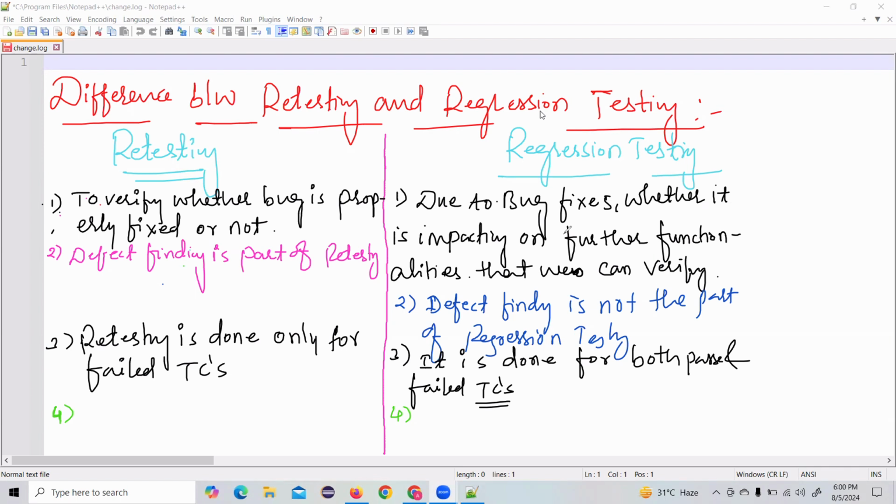Yes. Okay, so can I write here? We cannot automate retesting. I'll write test cases of retesting.